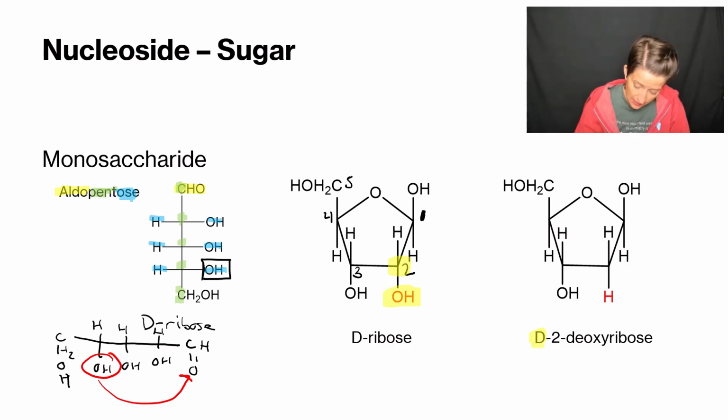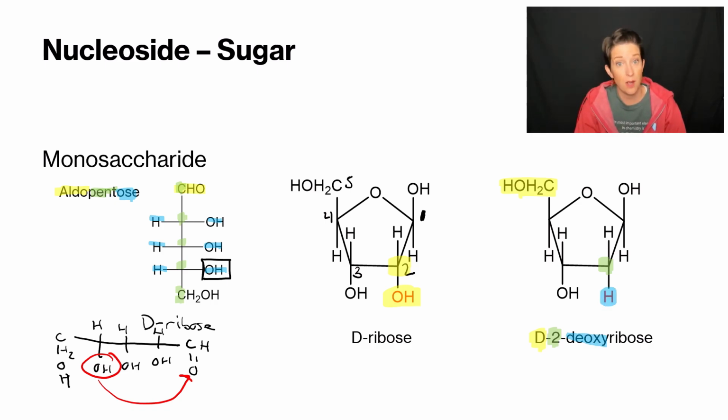The D tells us that the tail is up. The 2 tells us that carbon 2 is going to have that difference. Deoxy means that we have removed an OH group, or an oxygen, from that second carbon.